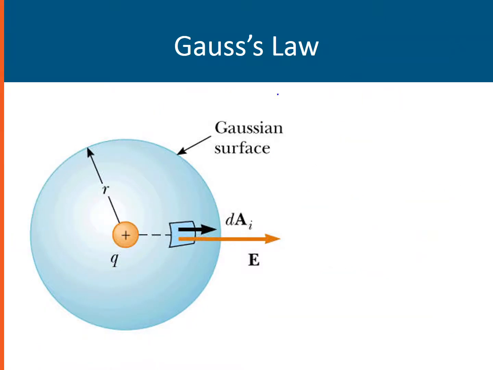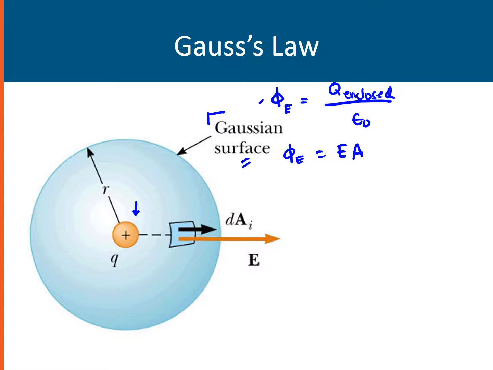So earlier we have learned that according to Gauss's law, the electric flux is just equal to the charge enclosed divided by permittivity. And we have learned as well that if we have a Gaussian surface, the electric flux through the Gaussian surface in this particular example is just equal to the electric field due to the charge Q multiplied by the surface area of the Gaussian surface.